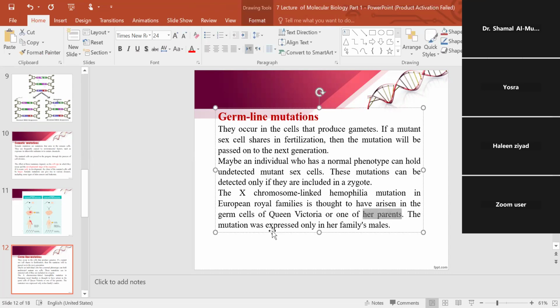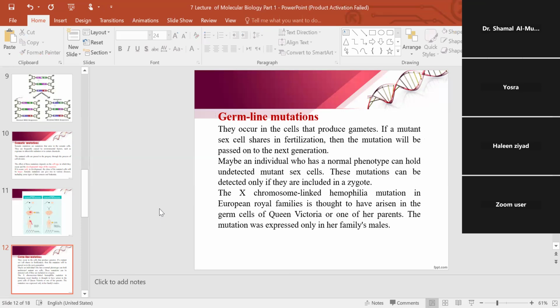This mutation was expressed only in the males of her family, so this disease, hemophilia, can be detected only in the males of the royal family. It is not detected in the females of the royal families. So this is an example of a mutation in the germ cells.